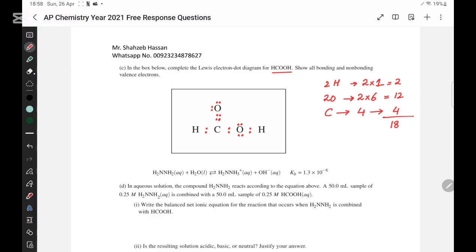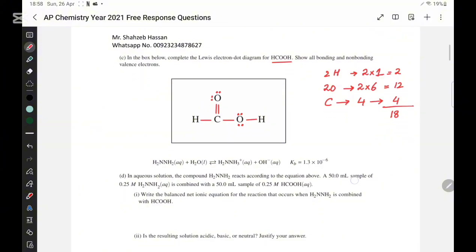So now let's draw it in this form, drawing with the line, and here also with the line, and here we need to draw the double bond. Yes, so this is going to be our final answer.